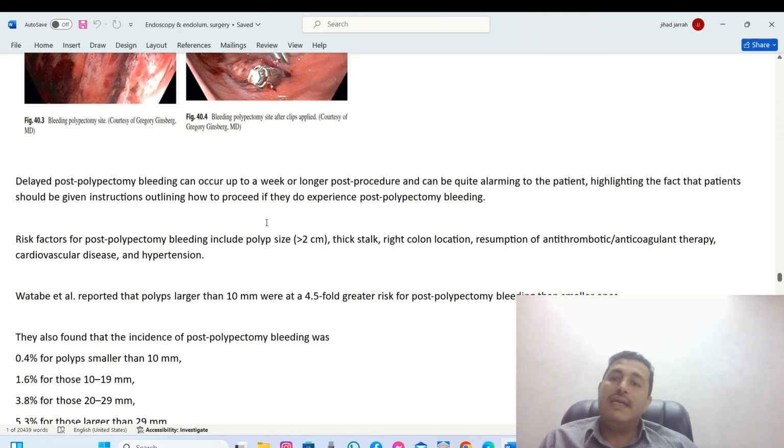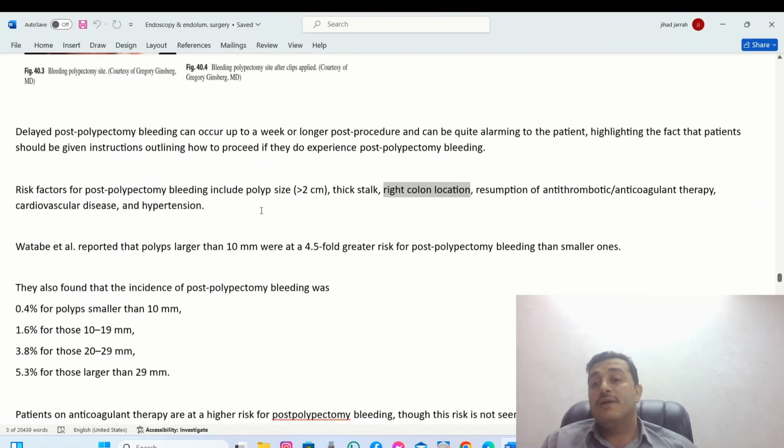Delayed post-polypectomy bleeding, up to 1 week, actually has many risk factors. Among them is the size of the polyp, especially those more than 5 centimeters. Other risk factors for delayed bleeding, or in general post-polypectomy bleeding, are thick stalk, right colon location, the use of anticoagulation, cardiovascular disease, and hypertension.